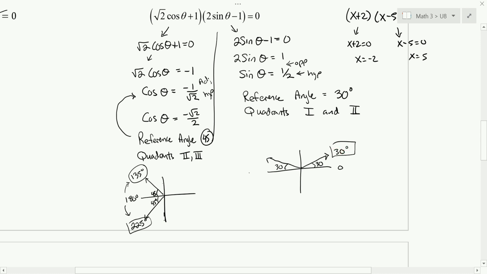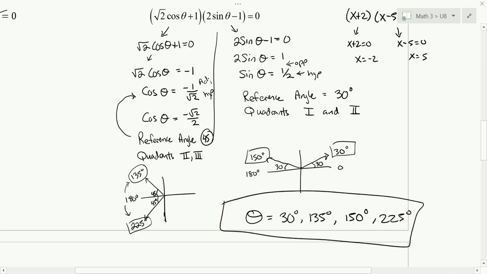And that's 30 back from 180, so 150. And so all four of those, you put them together for our final answer. So we got 30 degrees. I'll put them in order. 135 would be next, then 150, and then 225. Okay.